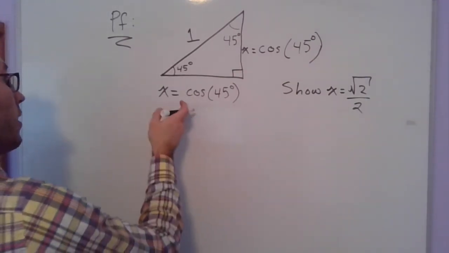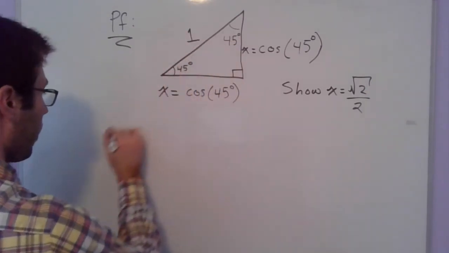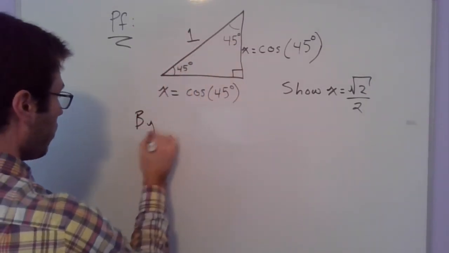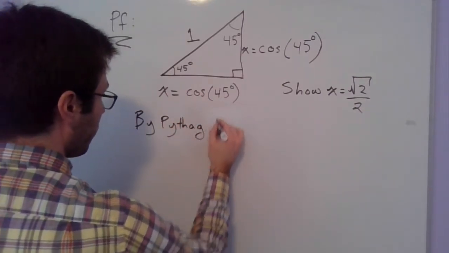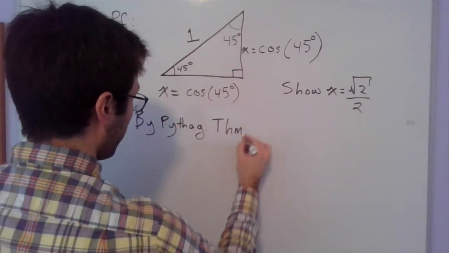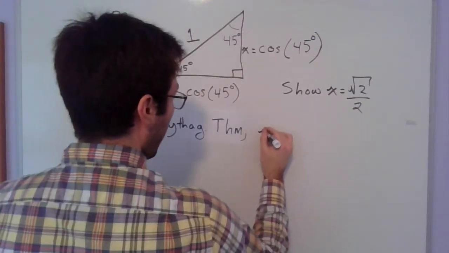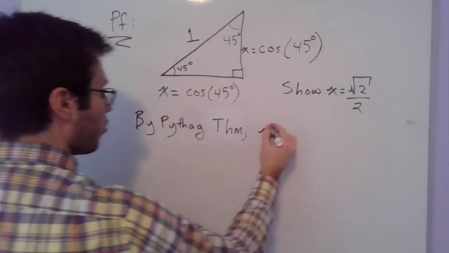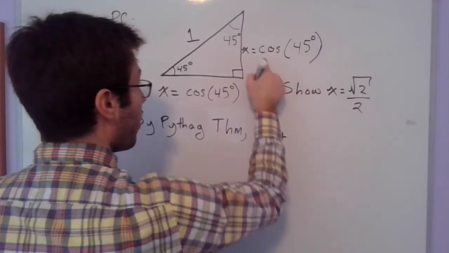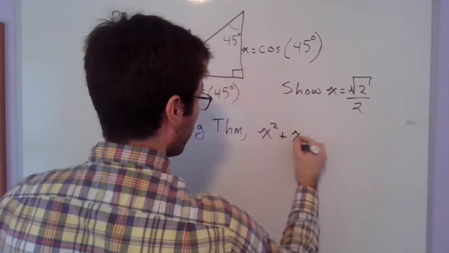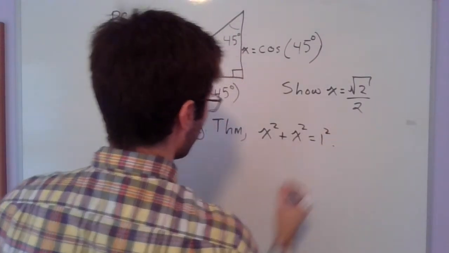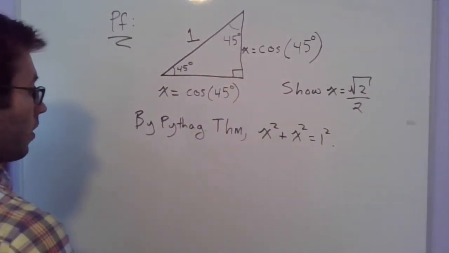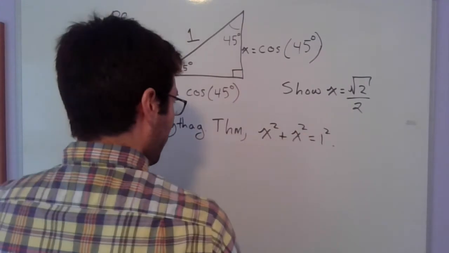Now, if you look at this triangle right here, by the Pythagorean theorem, we know that this side squared plus this side squared must equal 1 squared, the hypotenuse squared. At this point, it looks doable.